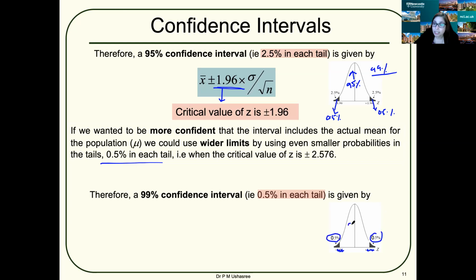You're confident by 99% now. So by decreasing the percentage in the tail, you can widen the limits, and you can be more confident that your true population mean will lie within this limit.